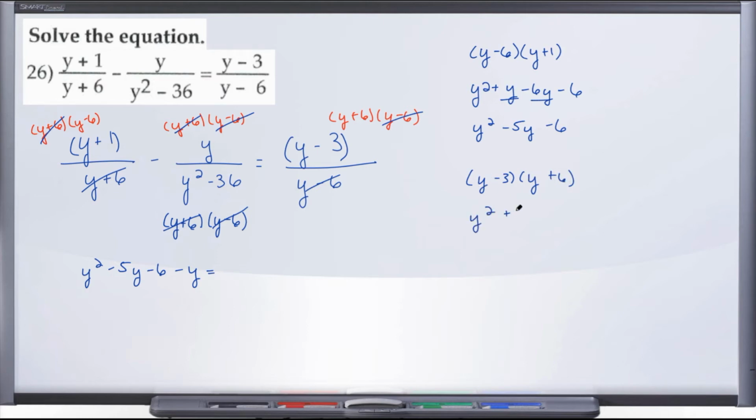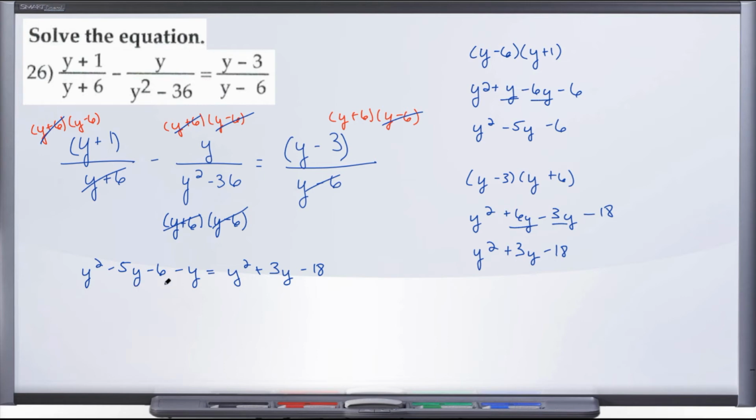Y times 6, plus 6y. Negative 3 times y, minus 3y. Negative 3 times positive 6, minus 18. Let's combine some like terms. Y squared plus 3y minus 18.